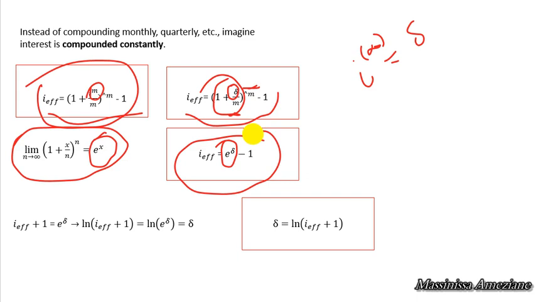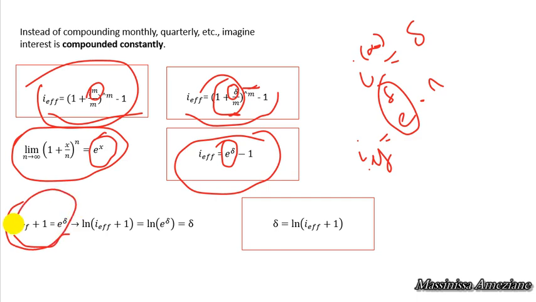And in another case, imagine you have the effective rate and you want to find the force of interest. We know that the effective equals exp lambda minus 1, which means exp lambda equals effective plus 1, and we can apply the ln here.